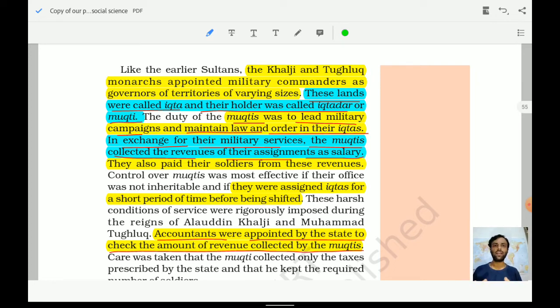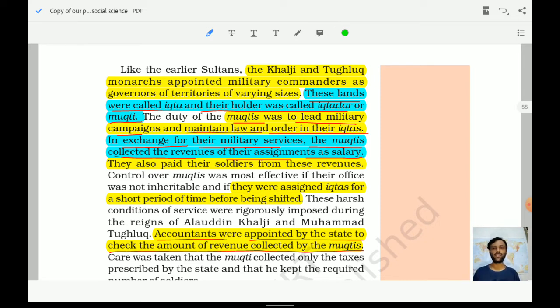They paid the salary to these soldiers. Of course, they must have collected taxes from these Iktas, the land given to them, and apart from all this work, they were also maintaining law and order, right? These were the important things. Keep this in mind. They also paid the soldiers from this revenue.